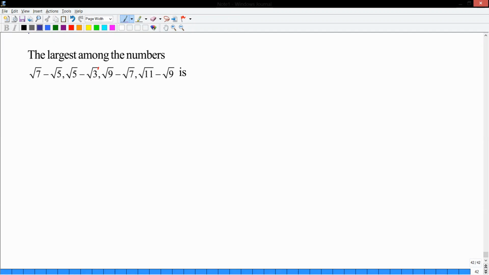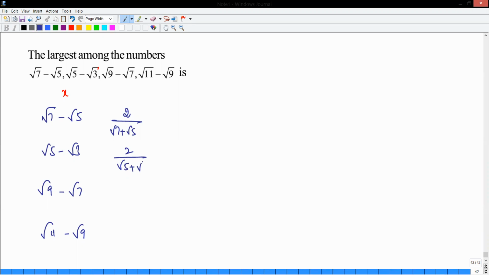You know what is the largest among them? When the difference is the same, what do we do? I said you rationalize it. Root 7 plus root 5.